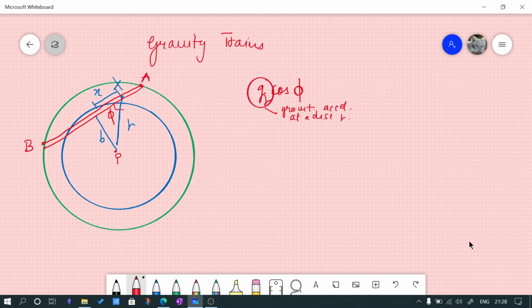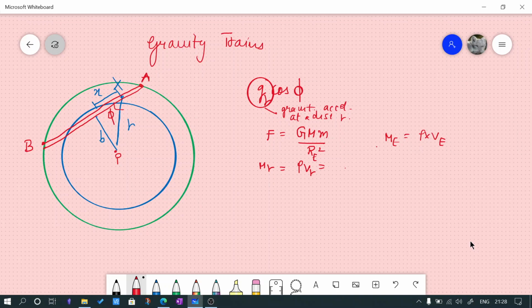So first we should try and calculate the value of g_r. The force at the surface of the Earth due to gravity is G M_e m by R_e square. Assuming that the entire sphere, that is the Earth, is of constant density, M_e is equal to rho times V. So we have to figure out what the mass of a sphere of radius r of the same density will be, that is rho times V of r, where V is the volume.